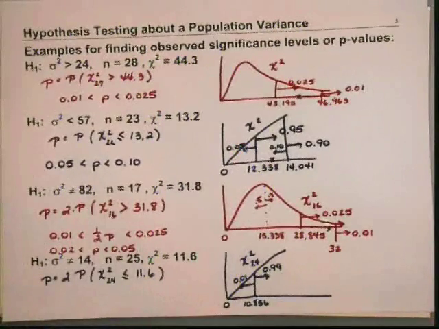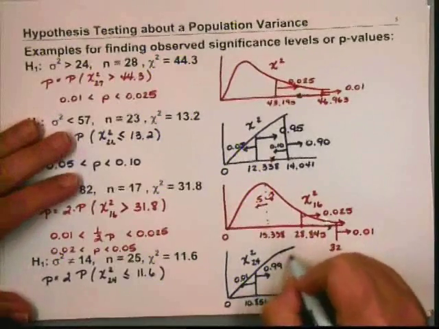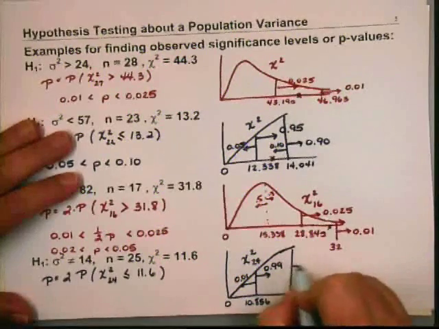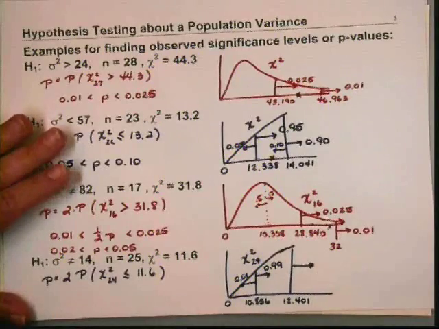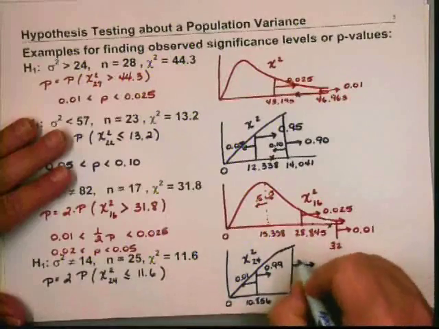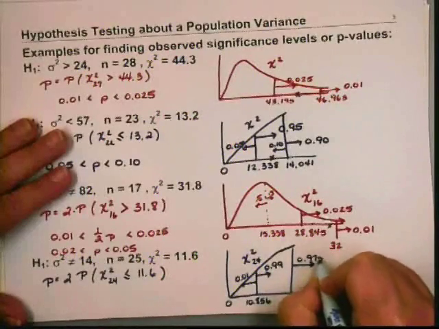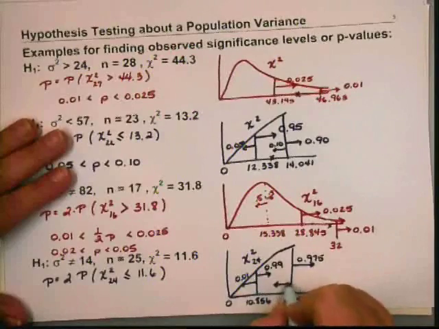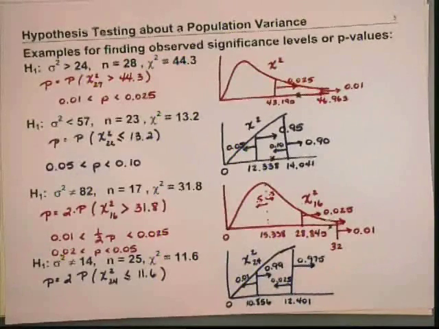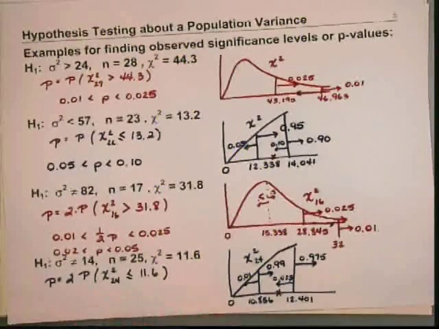The next one over is 12.401. It determines a right area of 0.975, and it determines a left area of 0.025, since those areas must add to 1. Our 11.6 is in here.